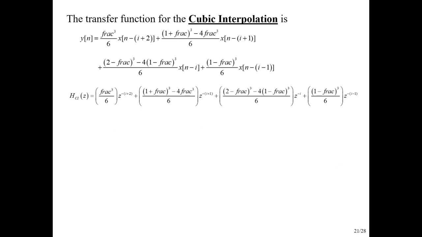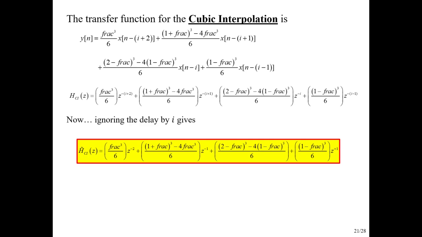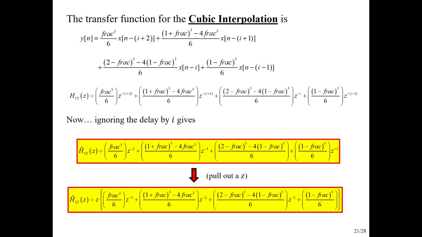We can find the transfer function for the cubic interpolation. I'm going through this quick, and there's going to be a reason. We'll see that it's kind of overkill. Don't really need it. There's our transfer function, ignoring the delay by A, that we can pull out in front.